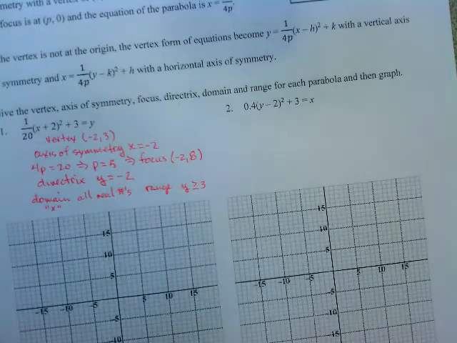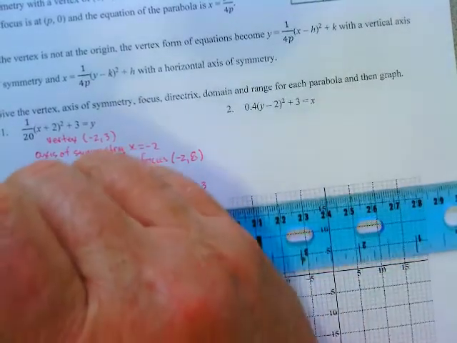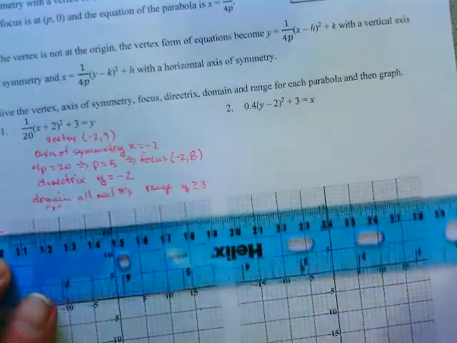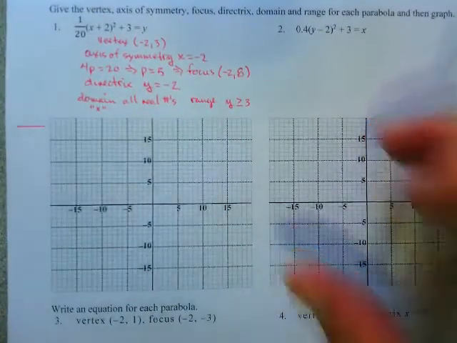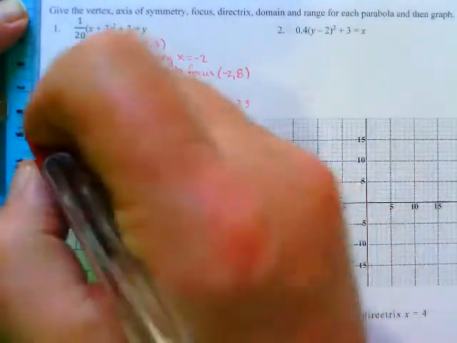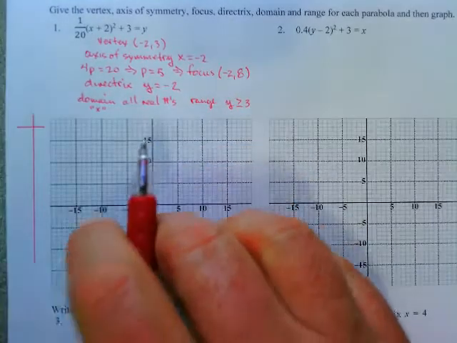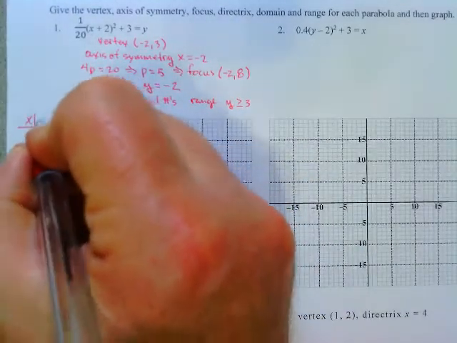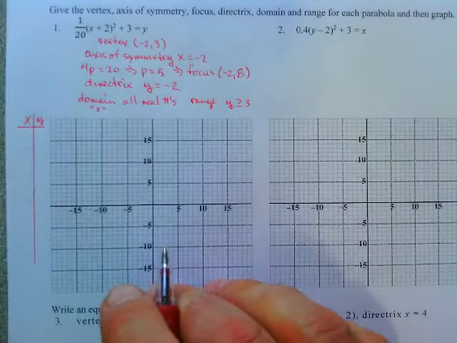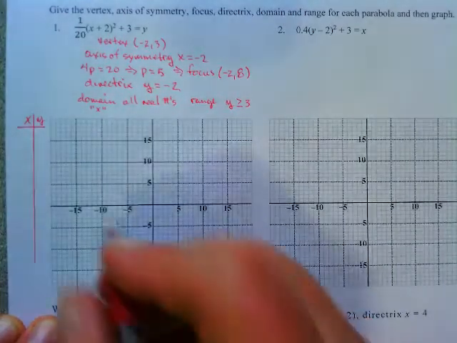All right, now let's look at a graph. I'll do it over here on the side. X and Y. So we know that the middle is going to be (-2, 3).